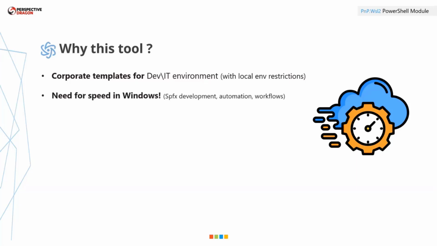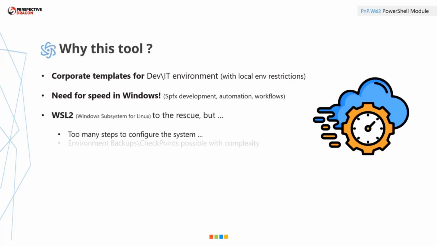Okay. For the need for speed in Windows, what does this mean? For the usual IT Pro operations, Windows is quite fast, but for things like Node and doing development for SPFx, it was a little bit slow. So the idea here was to have the corporate templates in a specific place with the proper speed. For that we actually use WSL2.